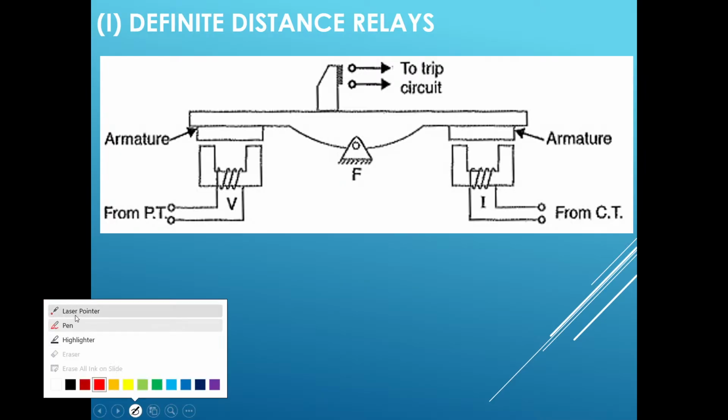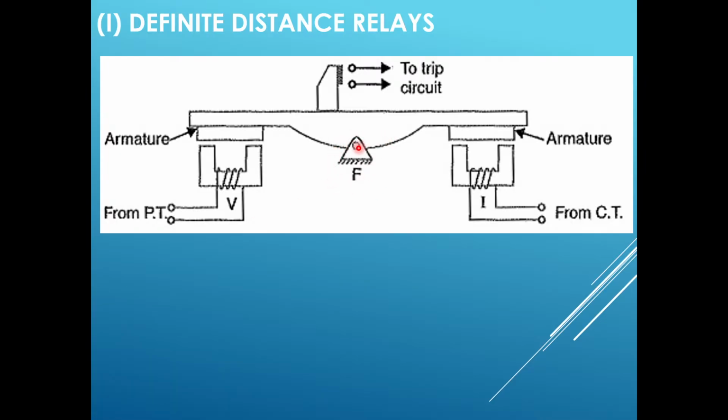I will take the laser now. This is the beam which is pivoted at the center. The notation given in this diagram for the pivot is F. And if you observe carefully, there are two electromagnets, which are energized by their respective voltage and current transformers, that is PT and CT.